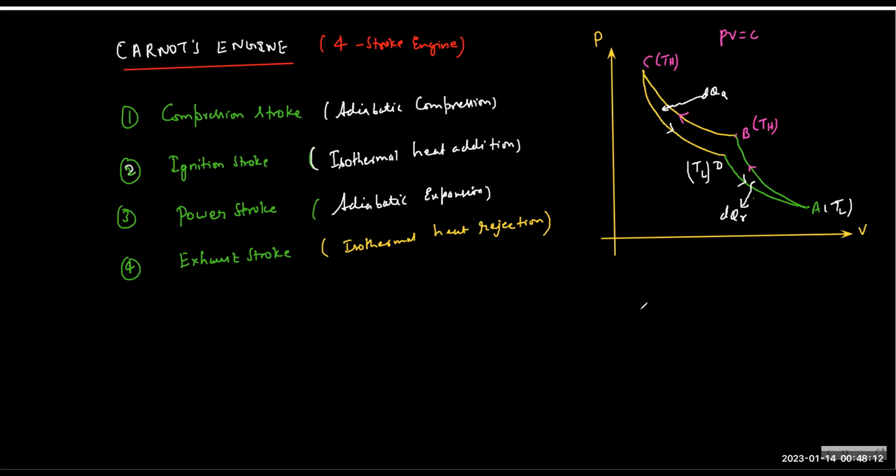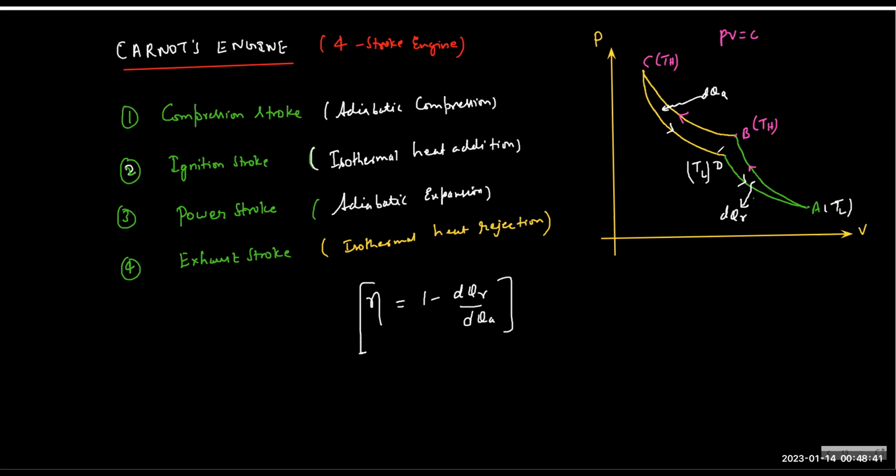So we can actually write the entire process. In fact, we can derive the efficiency of the cycle from this relation, which is 1 minus dQr by dQA. This is for any cycle we want. Let's see if this process is giving you TL by TH, yes or no. We have to find it, right? So we have to find dQr and dQA.